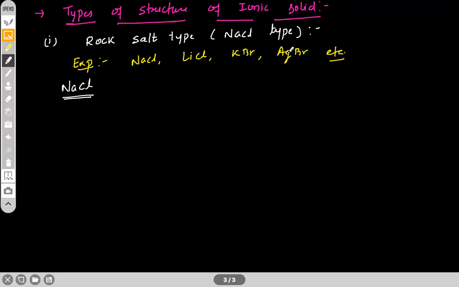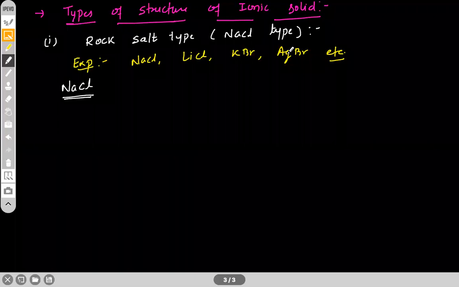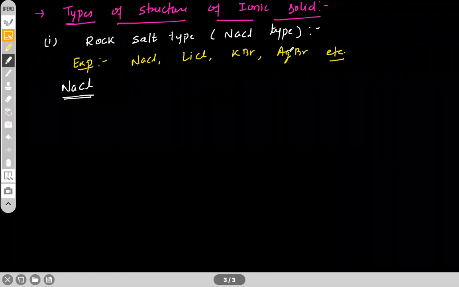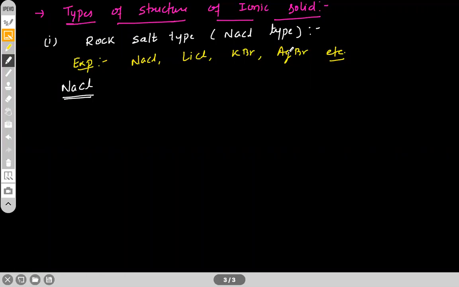One is how many anions surround each cation, and how many cations surround the anions. You should also know what kind of arrangement we have over here. One by one we'll see all this.